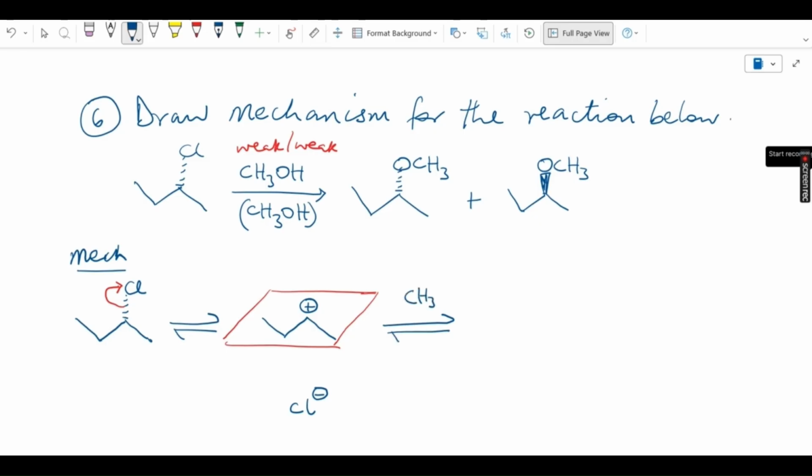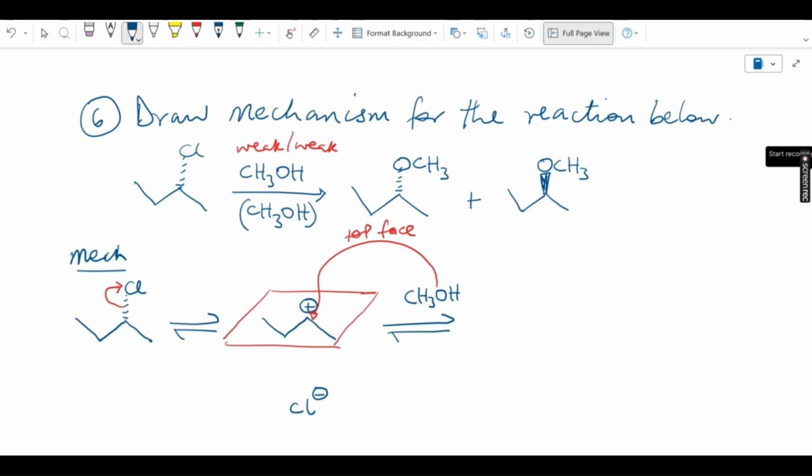So the nucleophile is an alcohol, specifically methanol. That nucleophile can attack from the top face. If it attacks from the top face, we will place that nucleophile on a wedge bond. And if it attacks from the opposite side, from the bottom face, we will place the nucleophile on a dash bond.